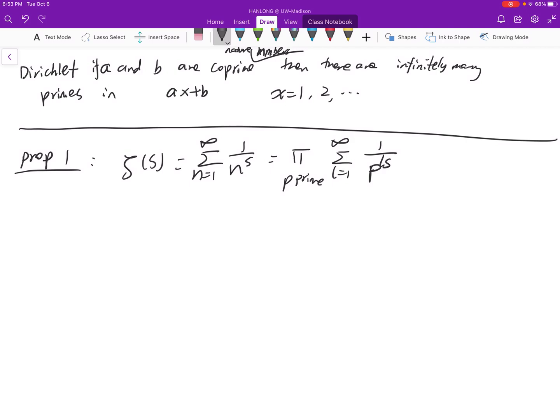Then you have this one, and then if you sum them up, you have 1 minus 1 over p to the s power. This is called the Euler product.